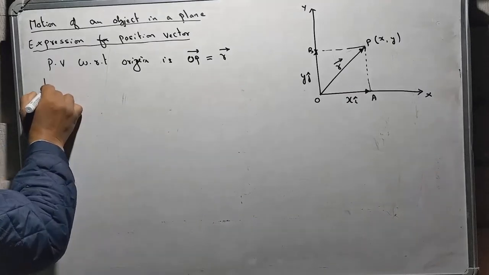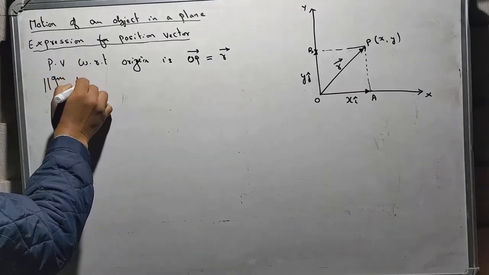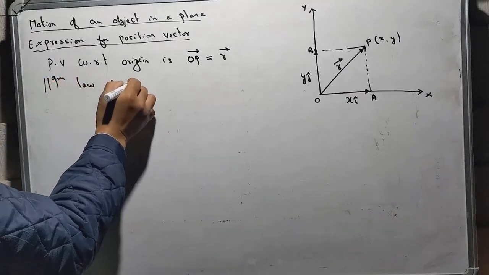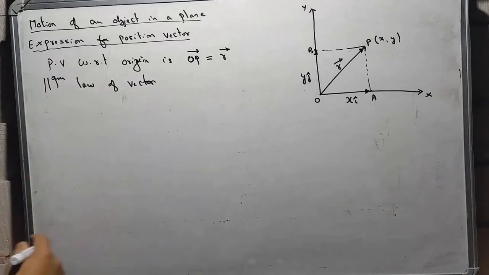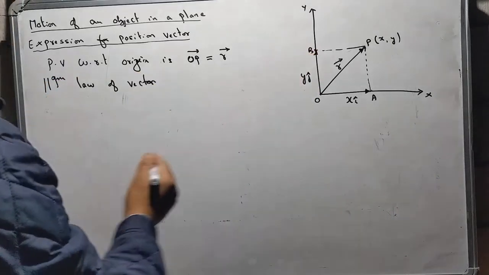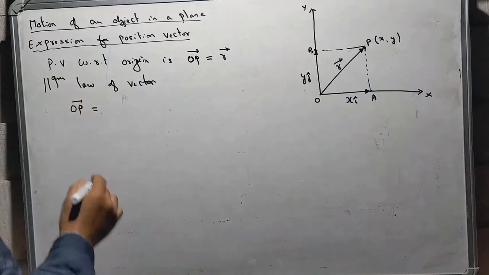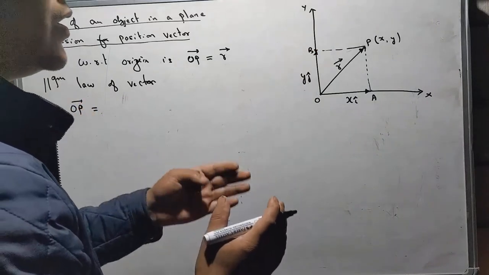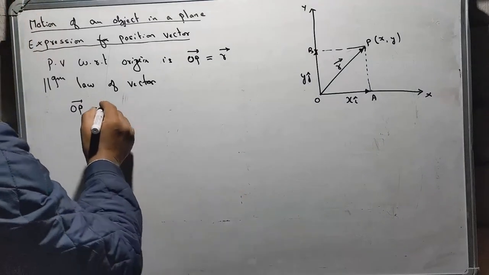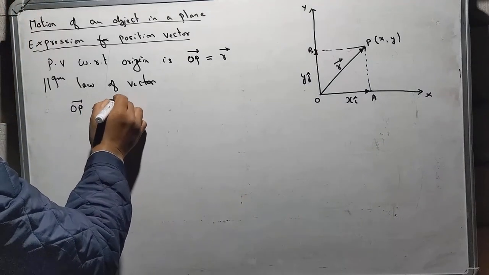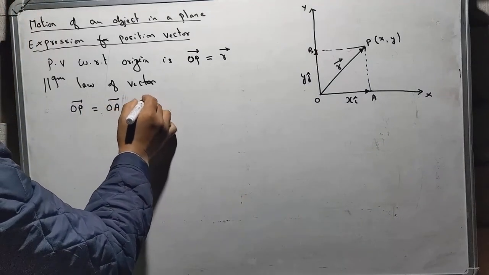By the parallelogram law of vector addition, the diagonal is equal to the sum of the two adjacent sides of a parallelogram, that is OA plus OB.